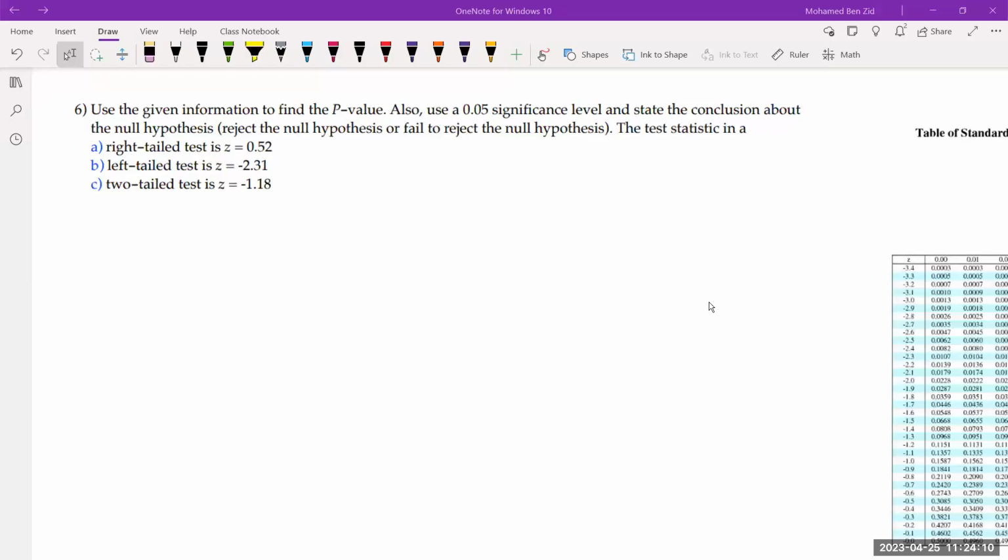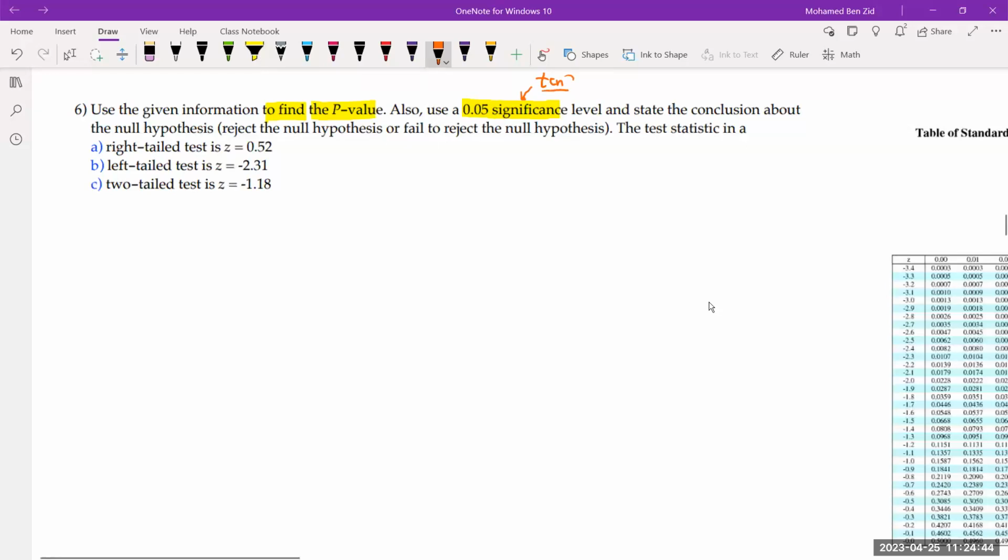All right, so here we are looking for the p-value, using a 0.05 level of significance, and we conclude about the null hypothesis, right? They want you to find the p-value, so they don't want you to do it the other way around. Although the other way around is easier, if you find the t critical here.